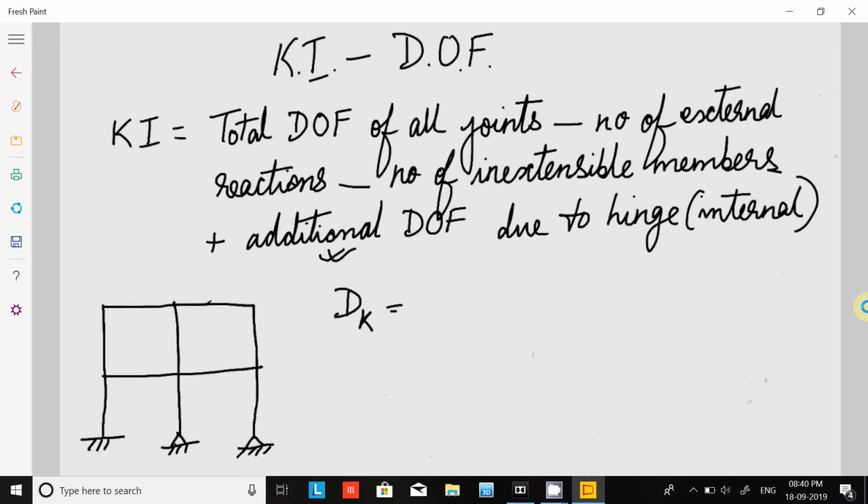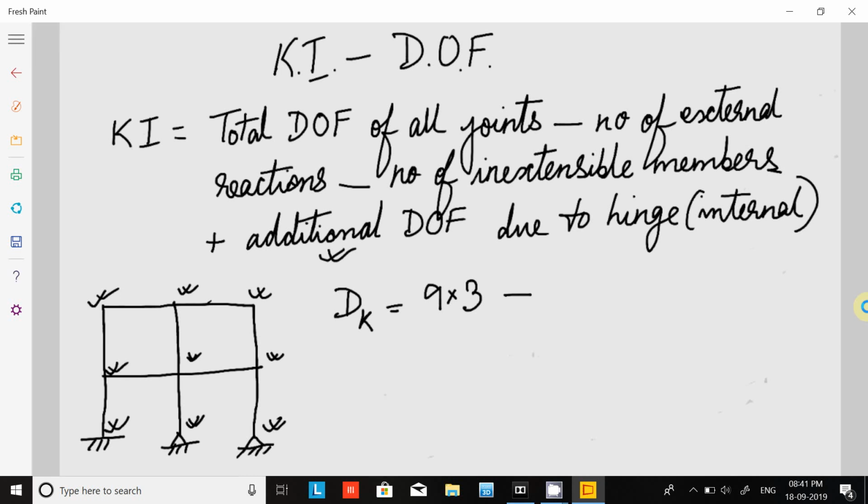So it will be, now you see, total degree of freedom of all joints. How many joints are there? 1, 2, 3, up to 9. So 9 joints each have 3 degrees of freedom: two translational and one rotational. So total 3 degrees of freedom.